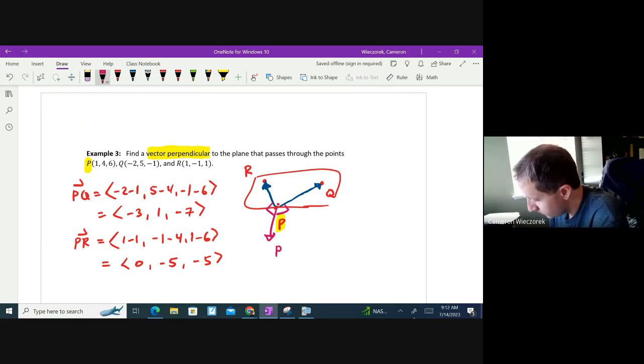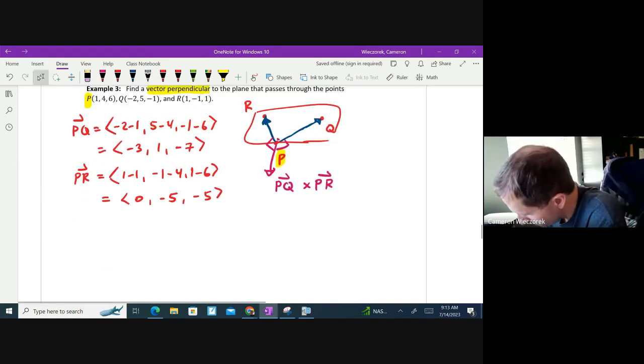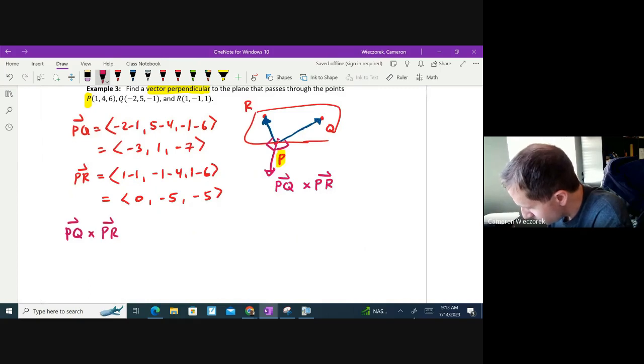So I'm going to want either PQ cross PR or PR cross PQ. One of them will point in one direction, one of them will point in the opposite direction. Either one will give you a perpendicular vector. So I'm going to just choose to compute PQ cross PR. So we're going to take the cross product. I'm going to set up my determinant, i, j, k.